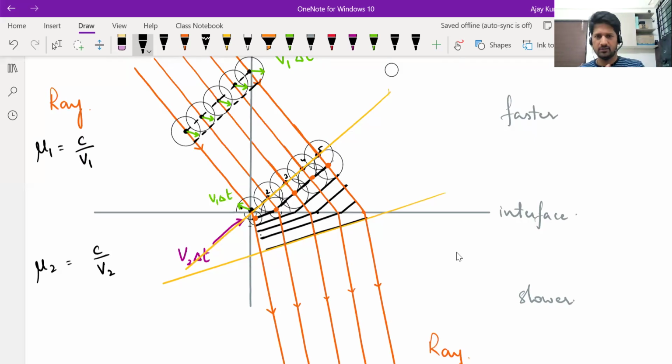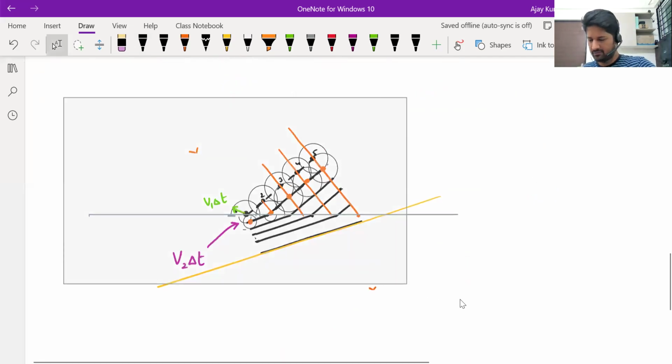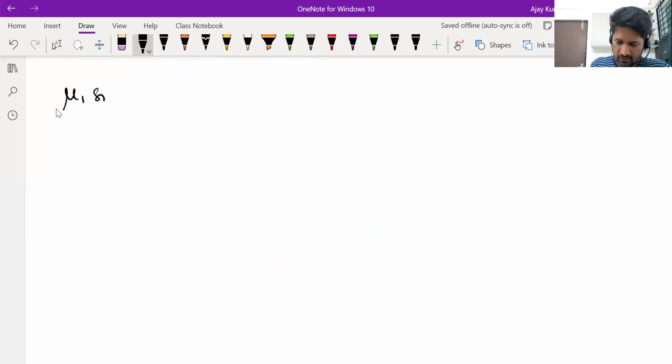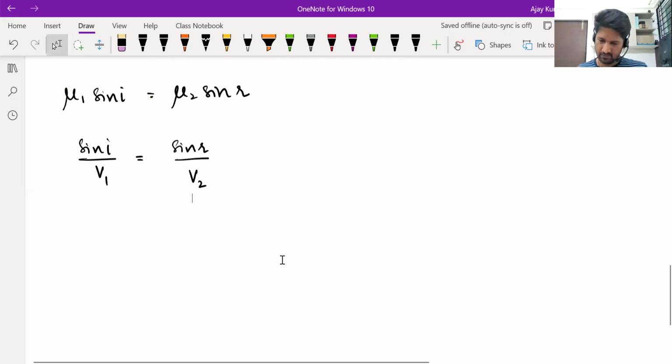This is what refractive index is. So the relation that we are trying to derive is mu1 sin i is equal to mu2 sin r. Now mu1 is c by v1, mu2 is c by v2. The c's cancel. So basically what you want to prove is sin i by v1, the speed of light in the first medium, is equal to sin r by v2, the speed of light in the second medium.